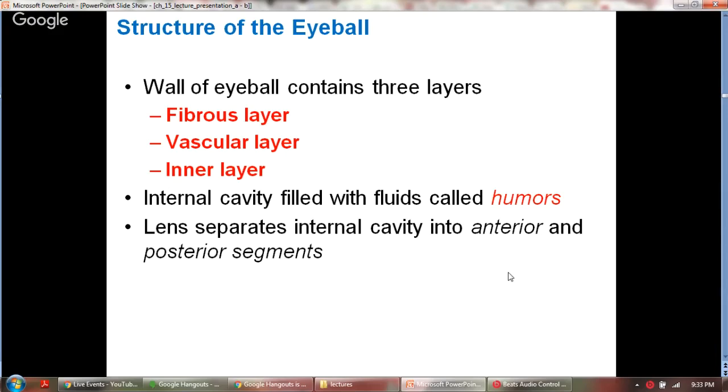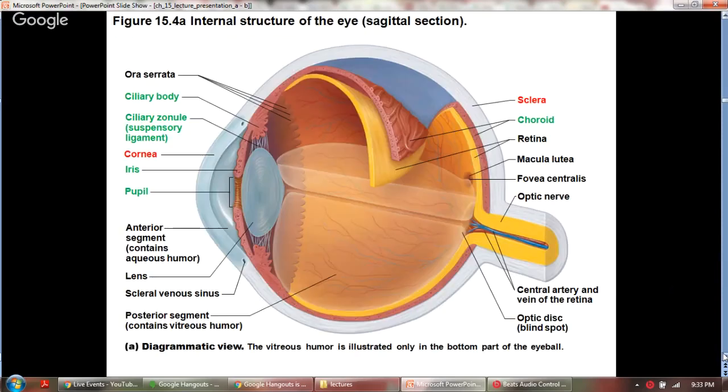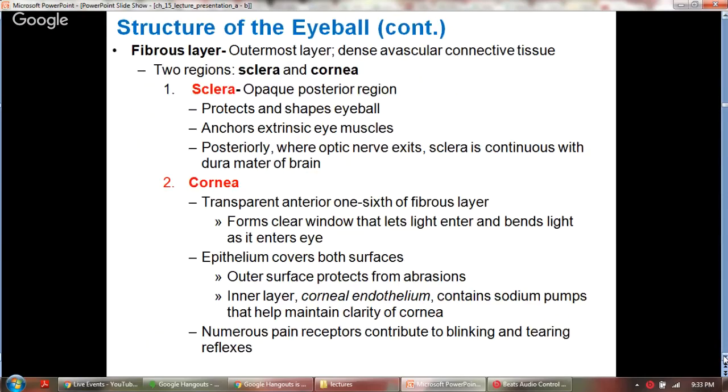And the lens separates the internal cavity into anterior and posterior segments. So these are the three layers you would see, as well as the anterior chamber, the posterior chamber, the lens, the aqueous humor, the vitreous humor, and so on. So you need to know the structures of the eye in a sagittal section.